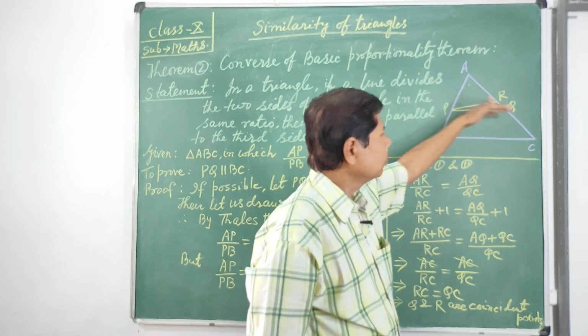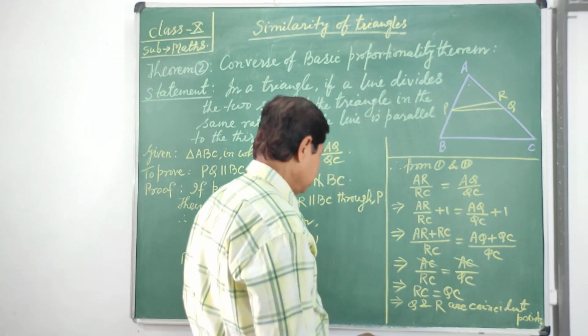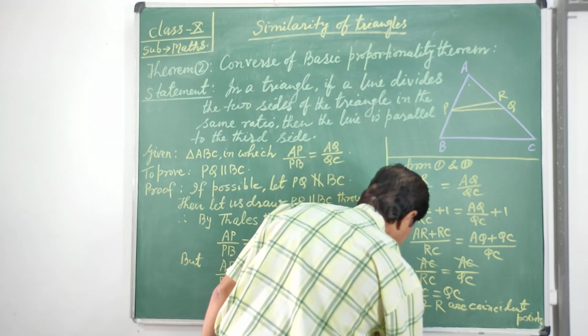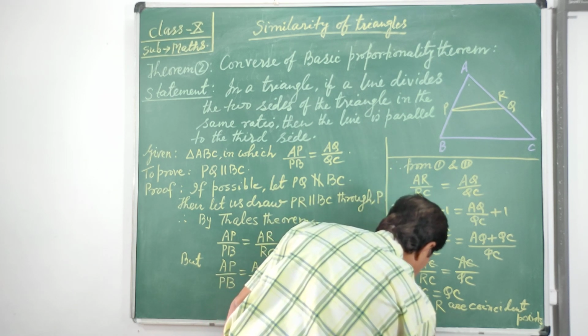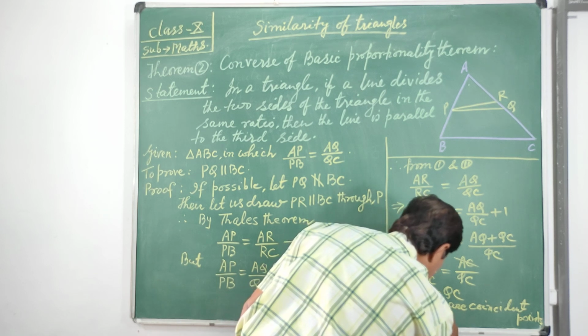So PR and PQ will coincide. Therefore, this implies PQ is parallel to BC.